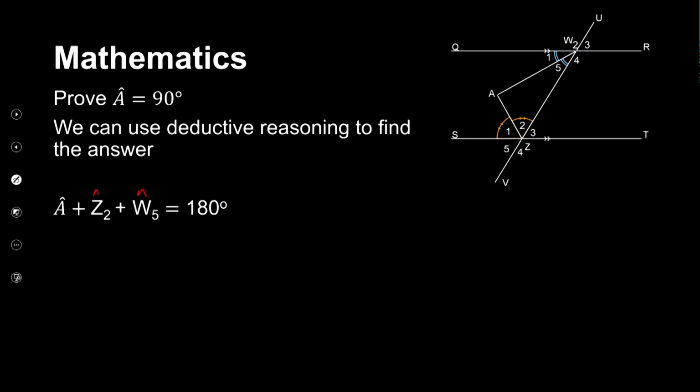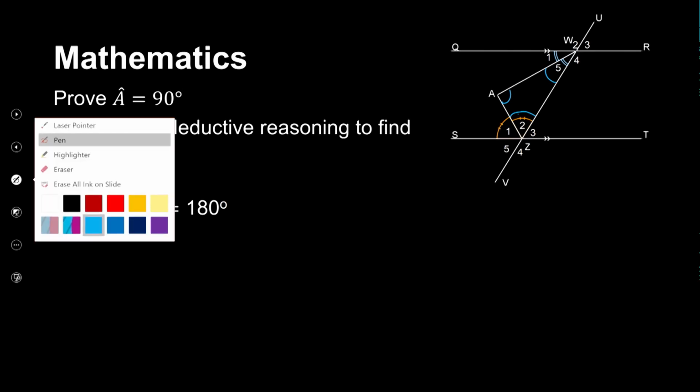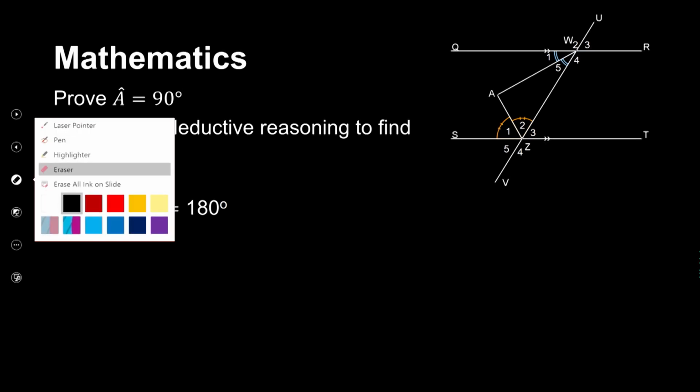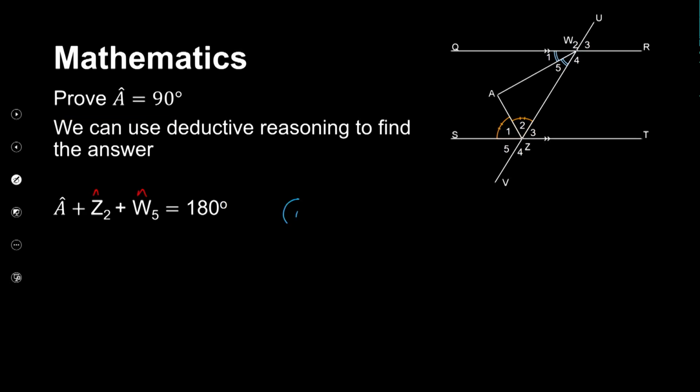Let's quickly go there and find out why. This angle of A, that angle there, and this angle there. If I add all of them, they will give me 180 degrees. Why? Because it's interior angles of a triangle, or rather, sum of angles in a triangle.